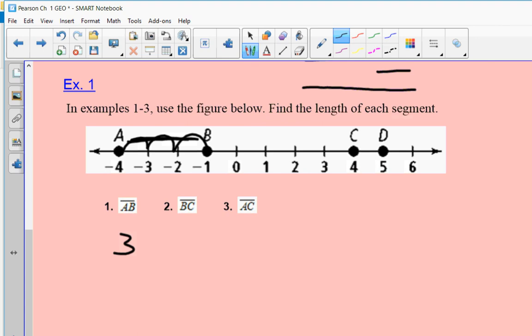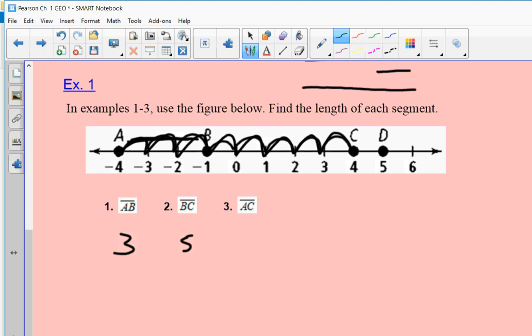Now just make it simple. Count how far it is. I'll let you do number 2 and number 3. So for number 2, from B to C is 1, 2, 3, 4, 5. And then from A to C is 1, 2, 3, 4, 5, 6, 7, 8.